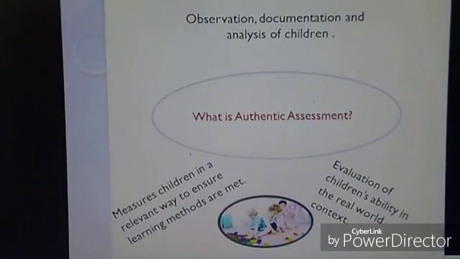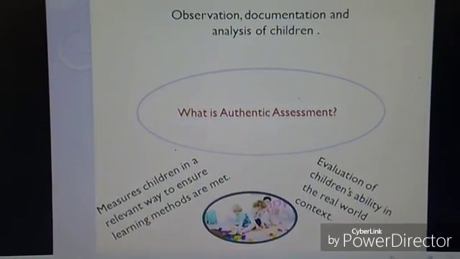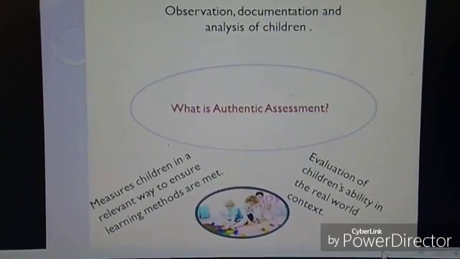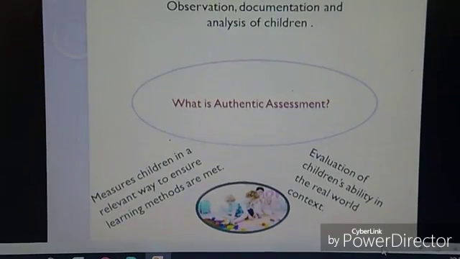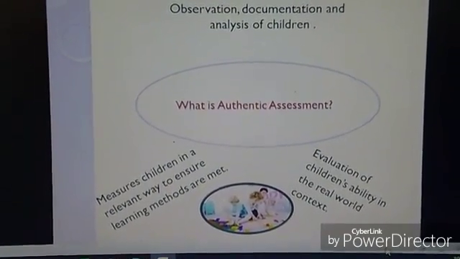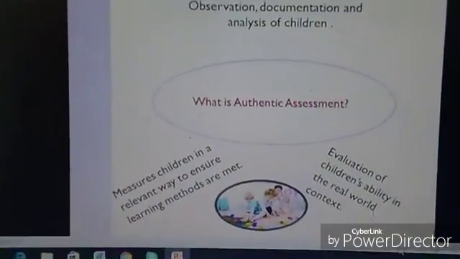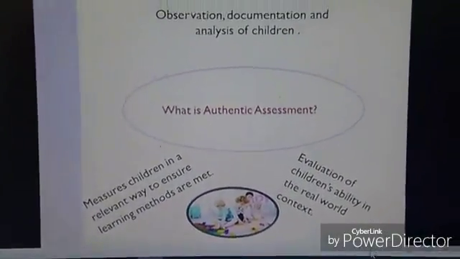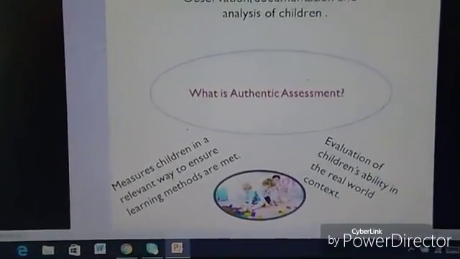What is authentic assessment? Authentic assessment is a system of observation, documentation, and analysis of children in the classroom. It also evaluates the children's ability in the real-world context, and it is an approach that measures children's learning methods in a relevant way.